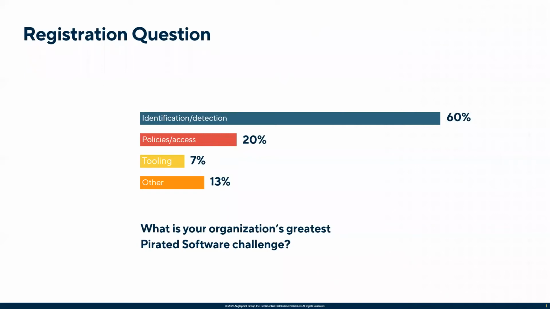As you all registered, we asked a question: what is your organization's greatest pirated software challenge? And the results have come through, and unsurprisingly, most people selected identification or detection of pirated software in the estate, which is great. 20% said policies and access, which from my perspective is one of the most important parts of mitigating the risk of pirated software, and we'll walk through that a little today.